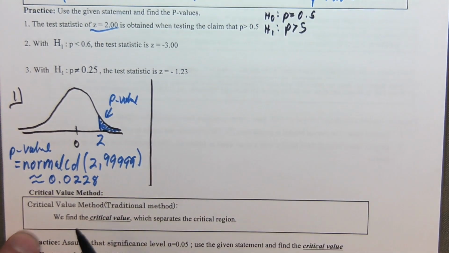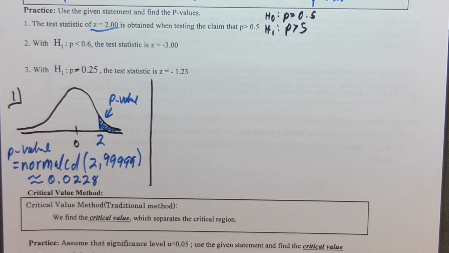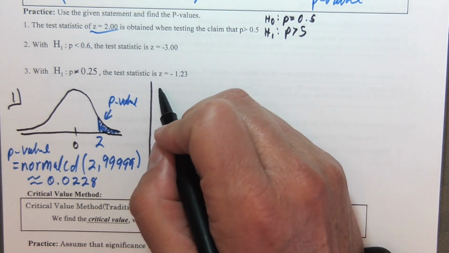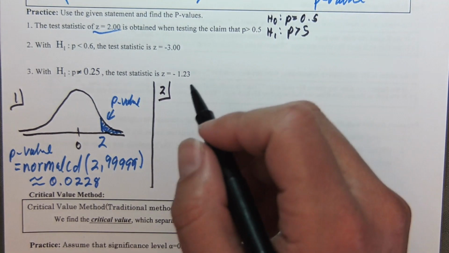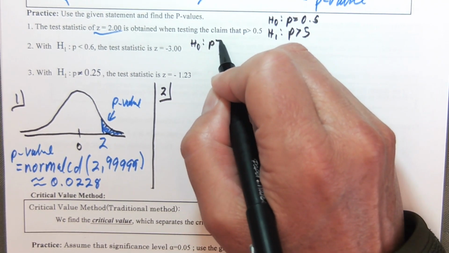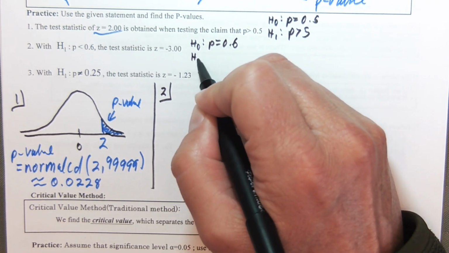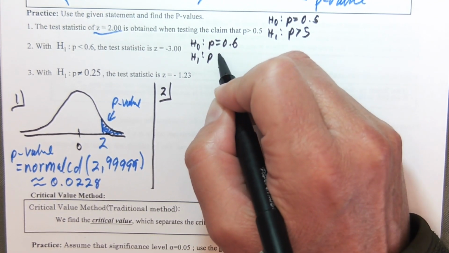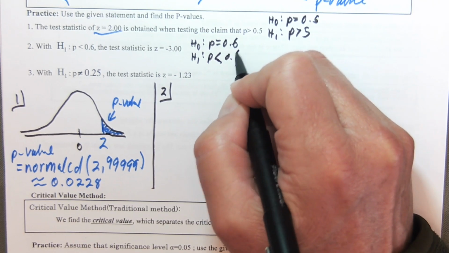And eventually what we'll do is compare this to our alpha. So it's all going to kind of come together. For the second one, they're saying the null hypothesis is p equals 0.6, making the alternative hypothesis p less than 0.6.